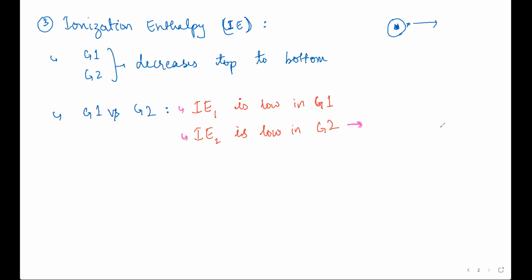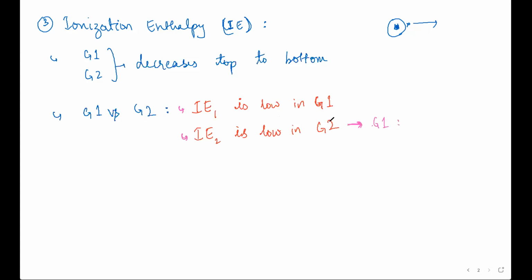On already removing one electron, group 1 elements attain a noble gas configuration. They have a stable octet, which is why it is much more difficult to remove the second valence electron from group 1 elements.